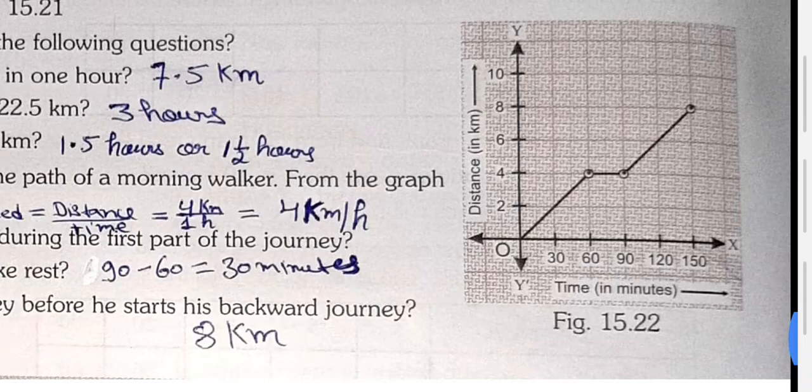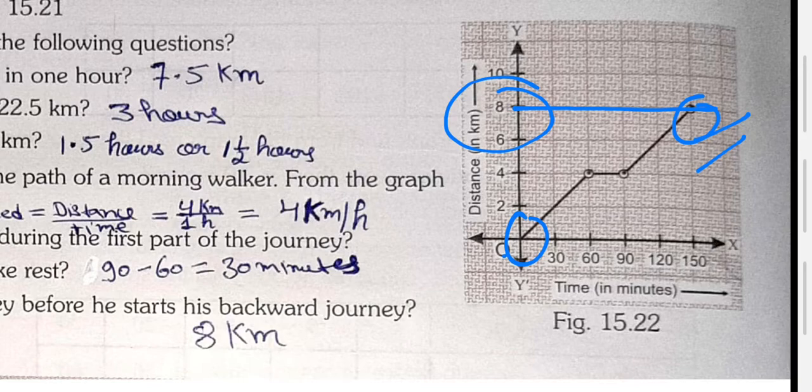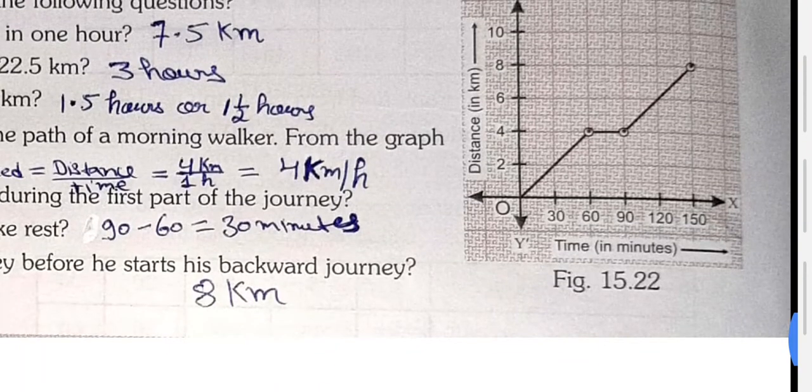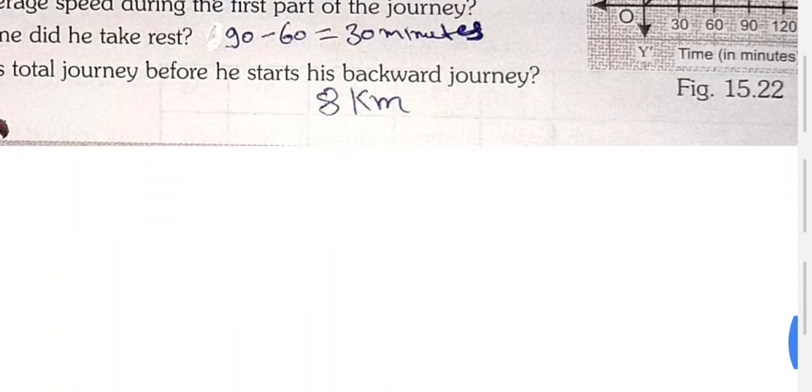You have to find the total journey. It starts from this point and stops here, and the distance he travels is 8 kilometers. So the length of the total journey before he started his back journey is only 8 kilometers. So your answer is 8 kilometers.